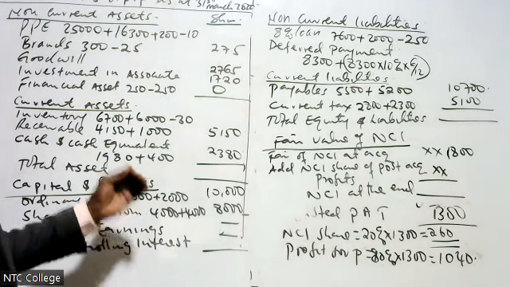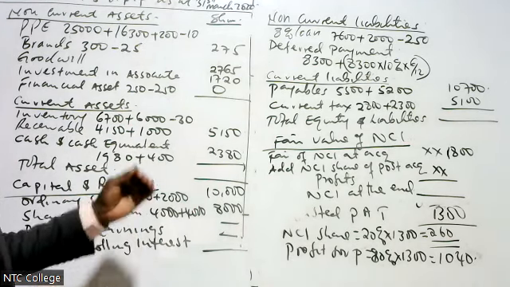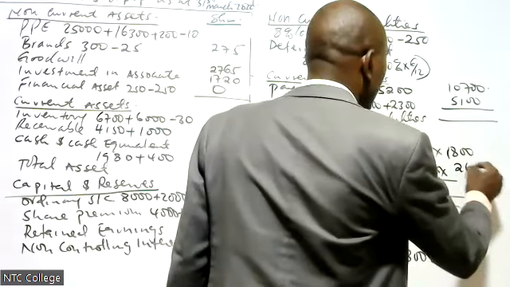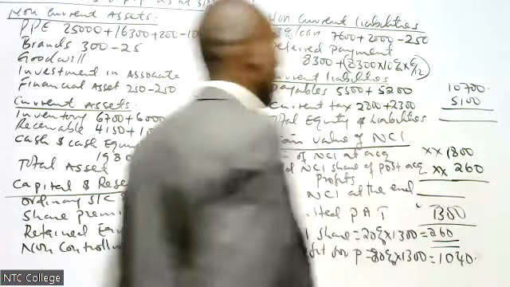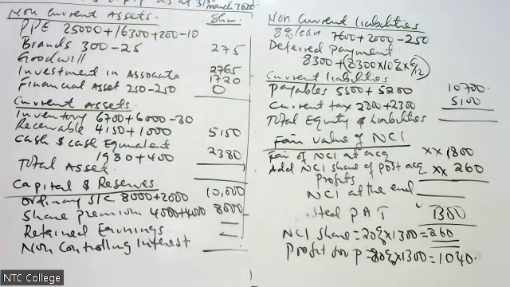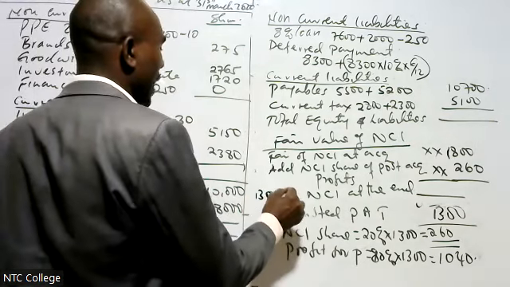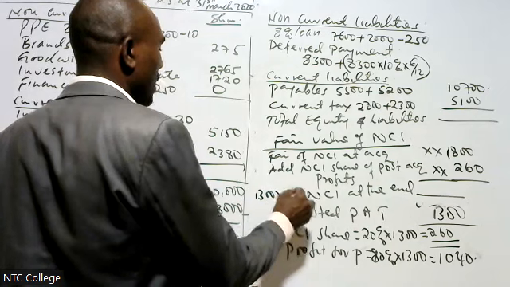Then you add NCI share of post-acquisition profit, which was 260. If you remember very well, it was 260, where we took 1,300 times 20%.